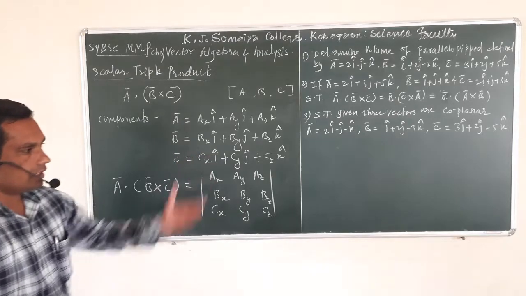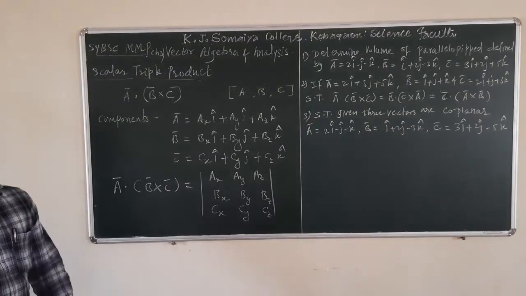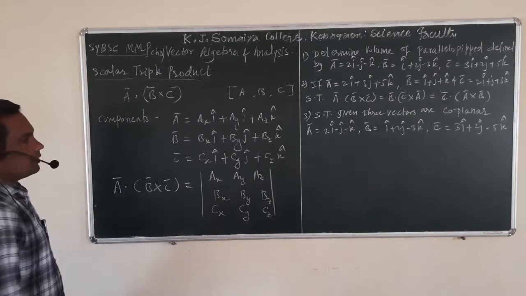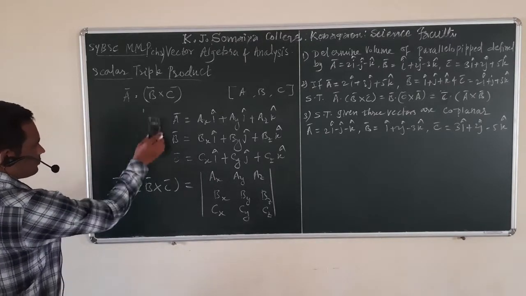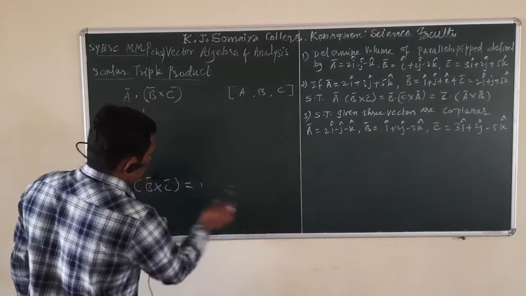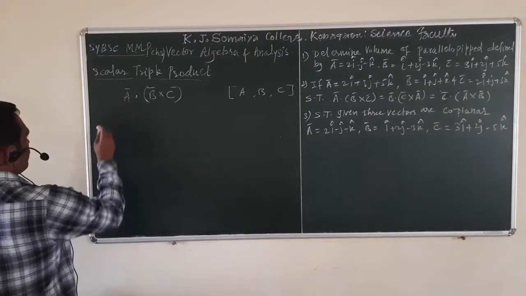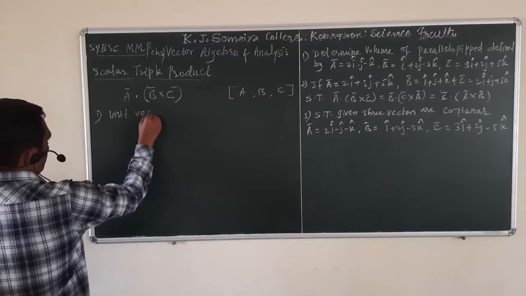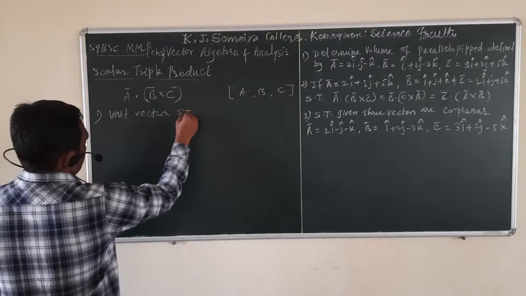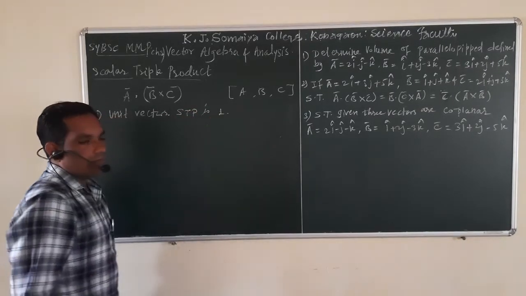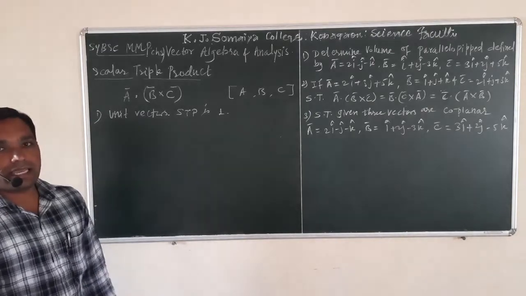Okay, then we are going to study certain properties of scalar triple product. First property is that for unit vectors, scalar triple product is 1 if we multiply unit vectors in cyclic order.